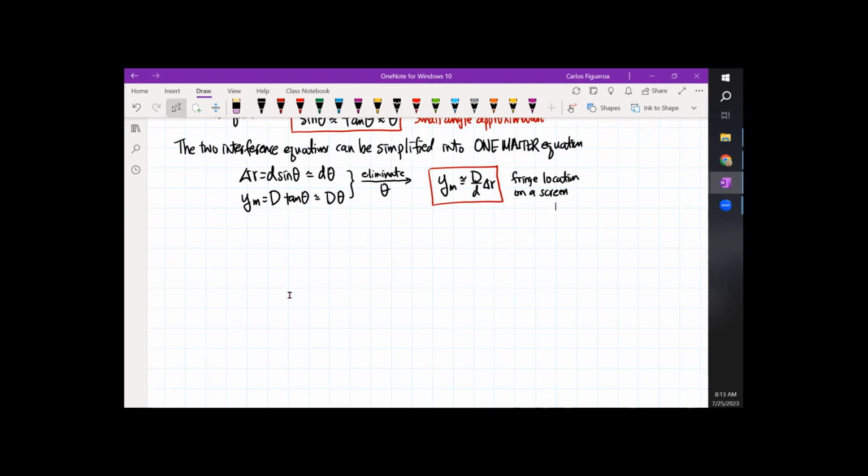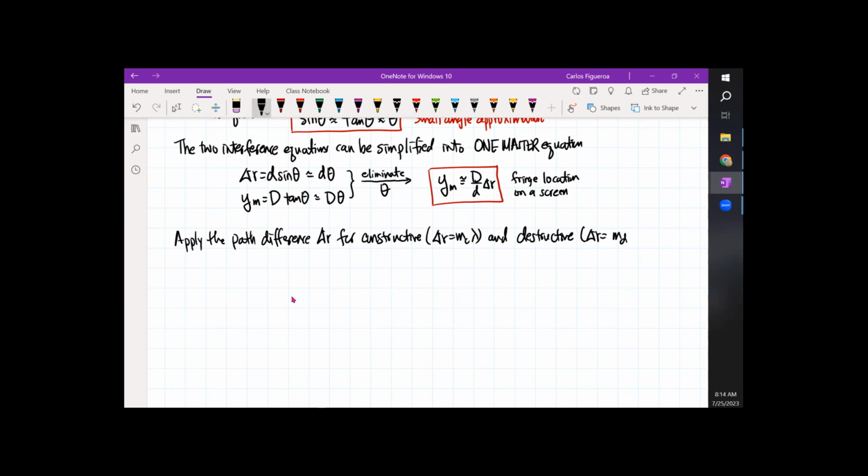So now let's apply this to interference, the path difference for constructive. What do I mean by constructive? That means that delta R is going to be m_c lambda, and destructive means that delta R is then going to be m_d plus 1/2 times lambda.